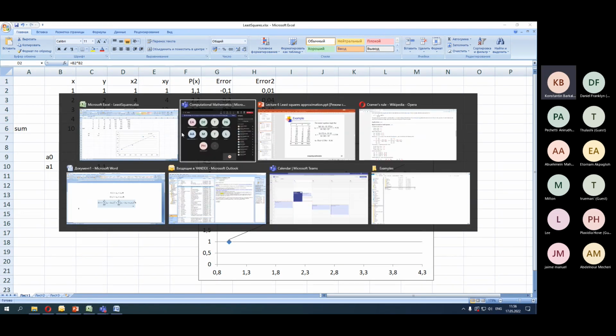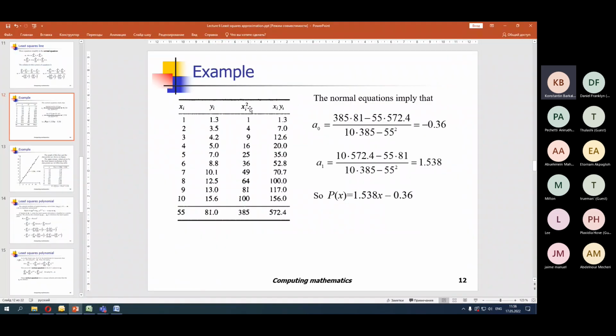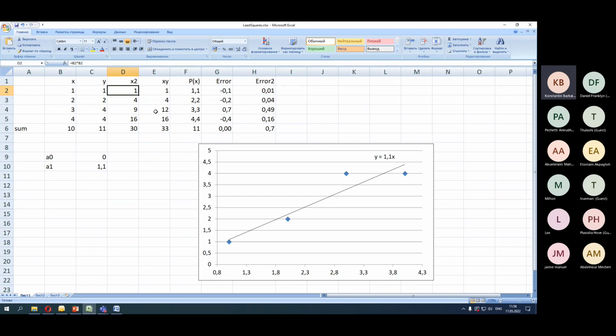Well, according to this approach, what should we do next? We should compute x squared. This column corresponds to x squared. I just use the formulas in Microsoft Excel: B times B, B3 times B3, and so on.